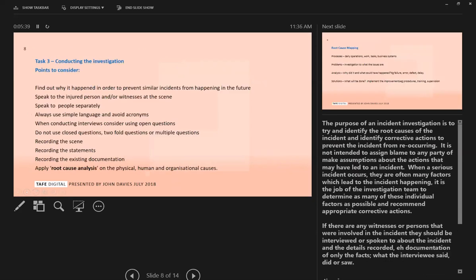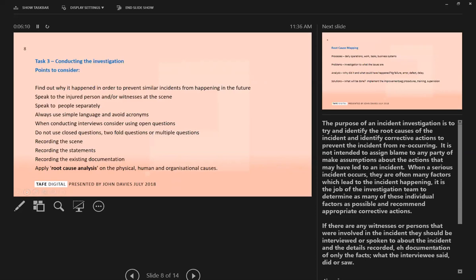Conducting the actual investigation. The purpose of the investigation of the incident is to try to identify the root causes of the incident and identify corrective actions to prevent the incident from reoccurring. It is not intended to assign blame to any party or make assumptions about the actions that may have led to the incident.